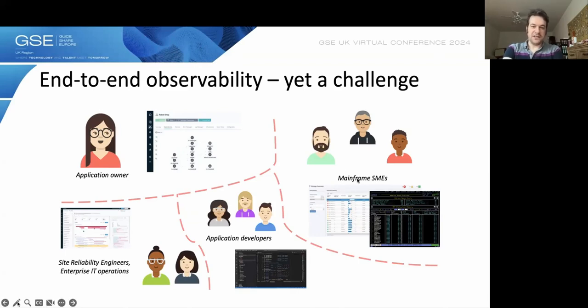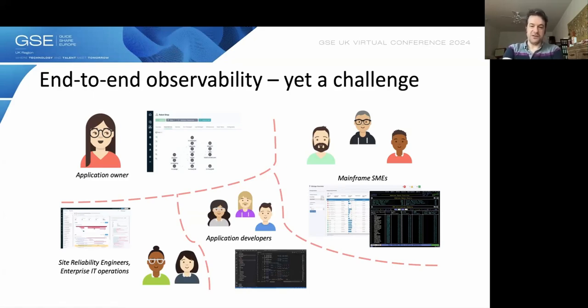And there are many stakeholders involved in managing that hybrid application or customer journey. There would be an application owner who is ultimately responsible for the availability and reliability and performance of that overall application. There will be SREs and enterprise IT operators who are looking at some of the front-end workloads.